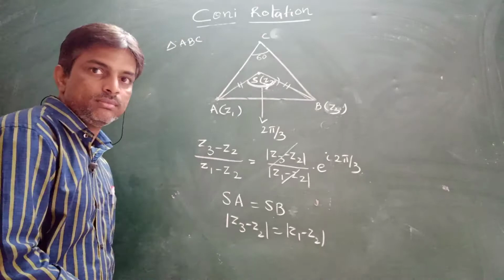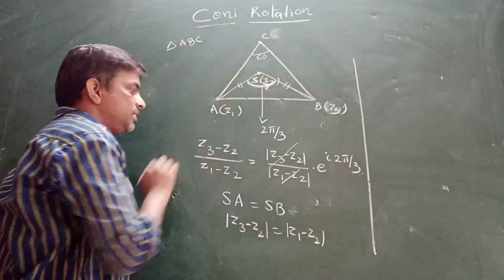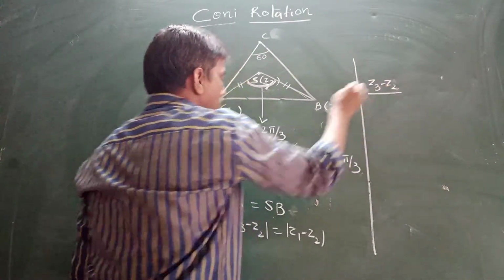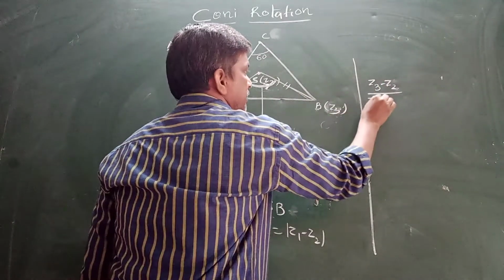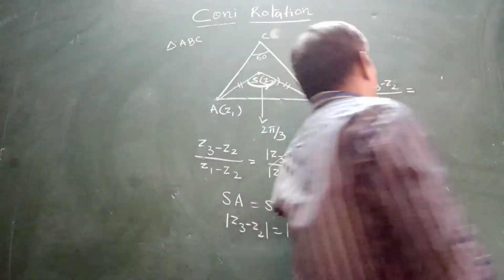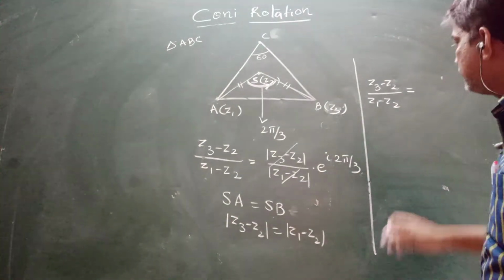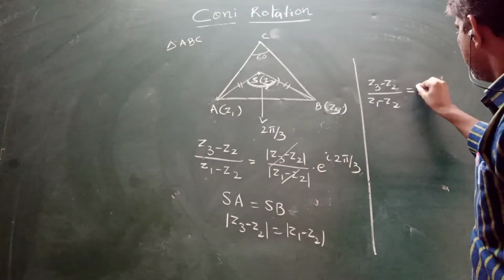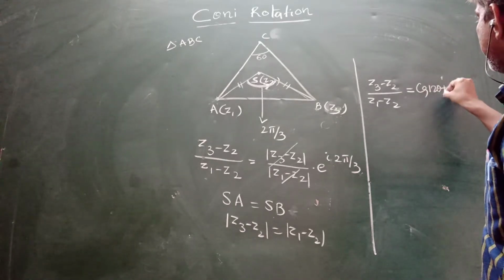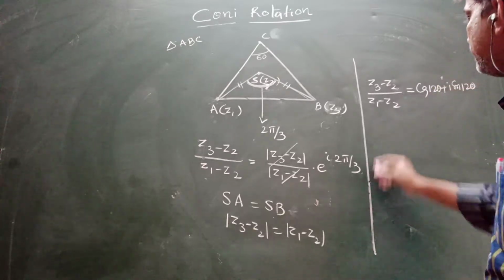Now what is left? Let's see Z3 minus Z2 upon Z1 minus Z2 is equal to e power iota 2 pi by 3. What is 2 pi by 3? Nothing but 120 degrees, so cos 120 plus iota sin 120.